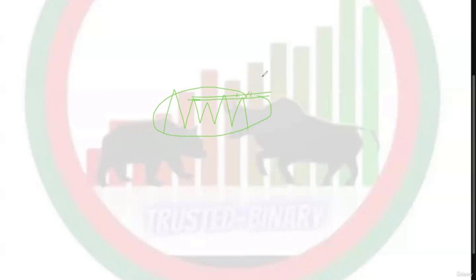Suppose you are considering this one. In a ranging market you can count from below, minimum 20 candlesticks left, or 25 candlesticks, or maximum 30 candlesticks. Within that range, how many levels do you find? That's the point. By that way, you have to draw.